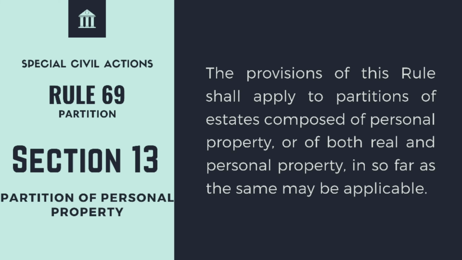Section 13. Partition of personal property. The provisions of this rule shall apply to partitions of estates composed of personal property, or of both real and personal property, insofar as the same may be applicable.